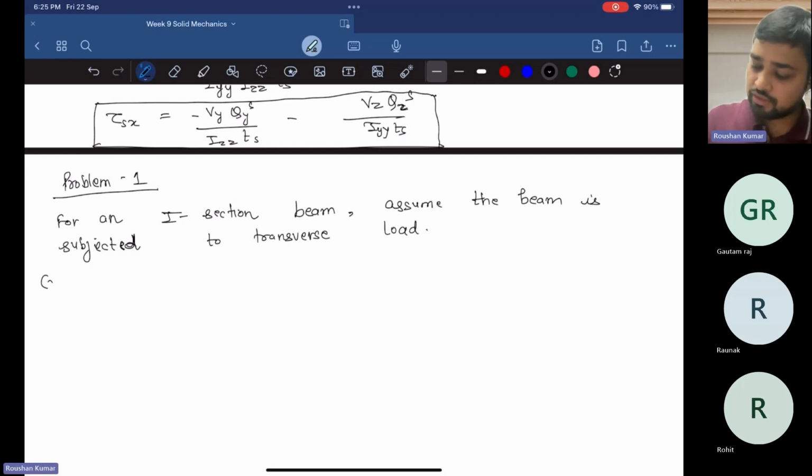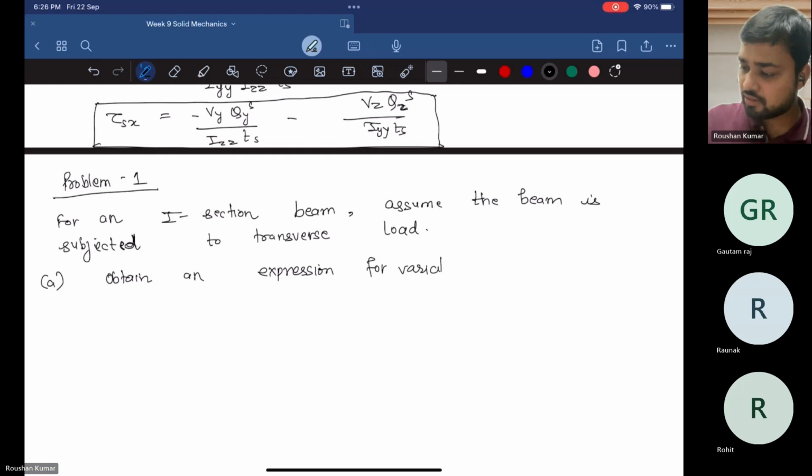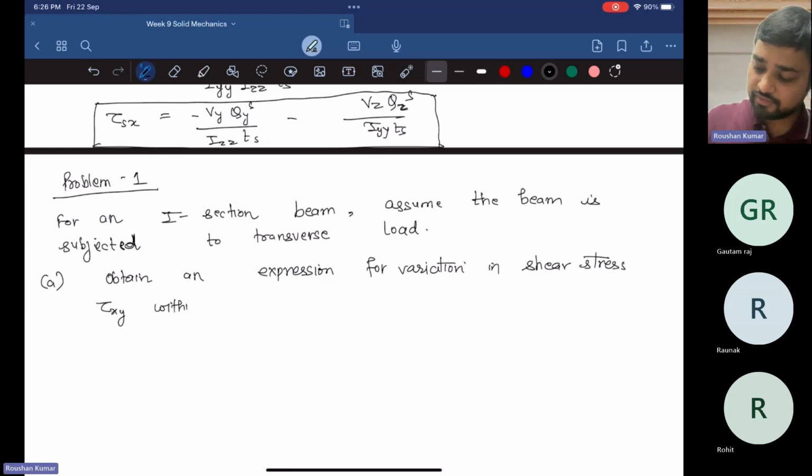We have 3 questions based on this. The first part is: obtain an expression for the variation in shear stress tau xy within its cross section.